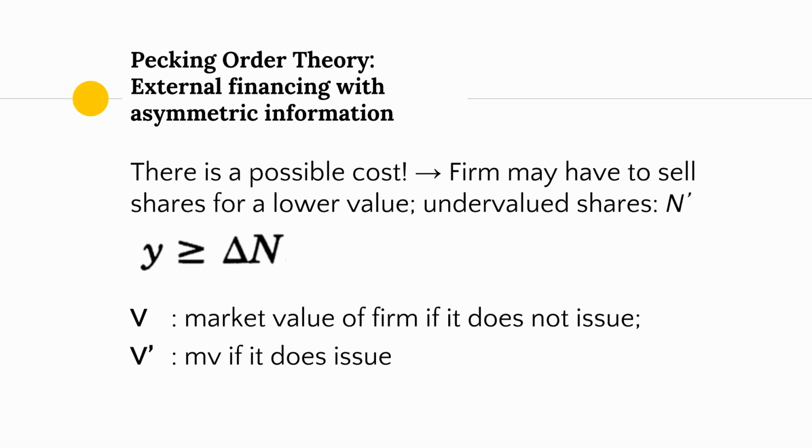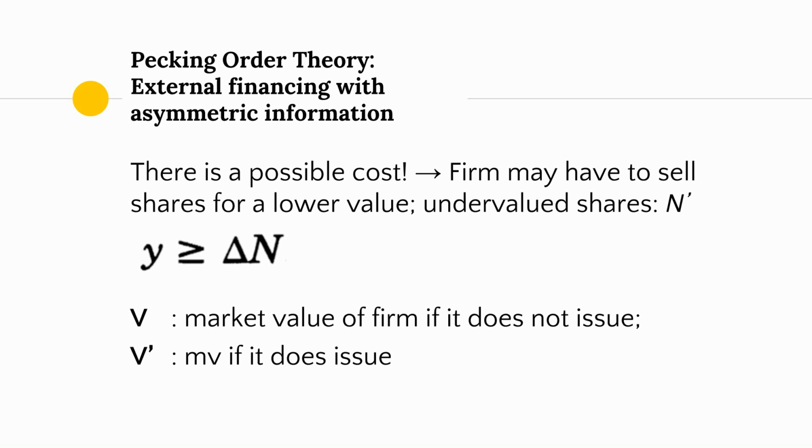And this makes sense. If the manager's inside information is unfavorable, delta N is negative, and the firm will always issue, even if the only good use for these funds raised is to put them in a bank. That would be a zero net present value investment.